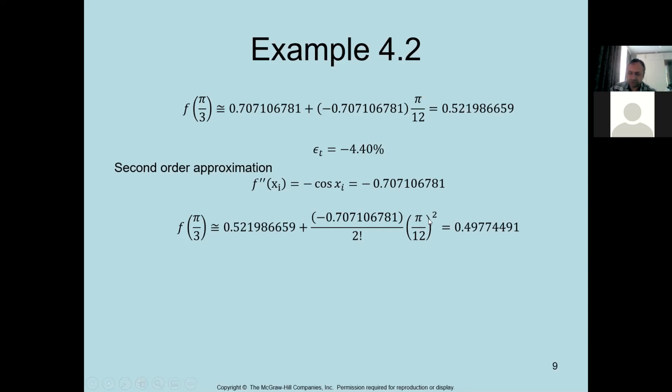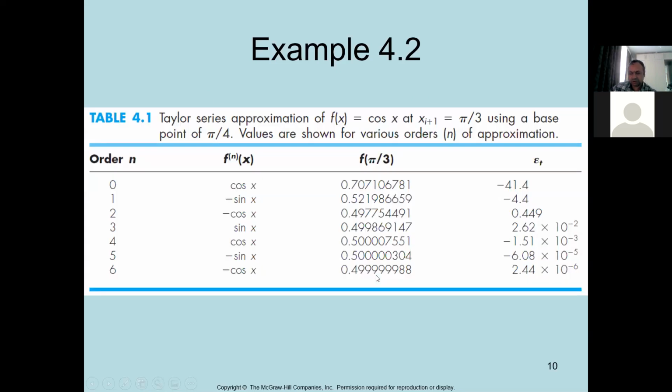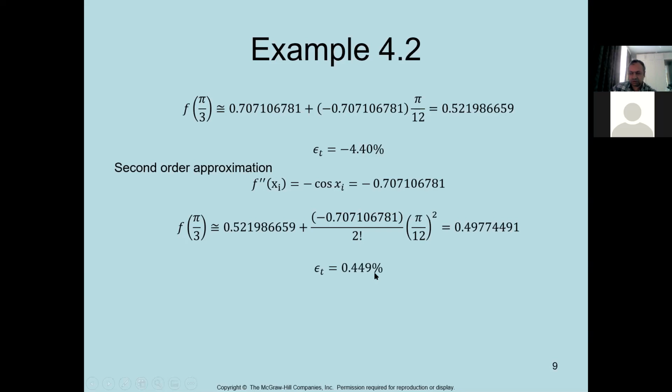So it is 0.4977. In this case, the percentage error is 0.449%. So you can see that now the error is less than 1%, almost 99% accurate in the second order approximation.